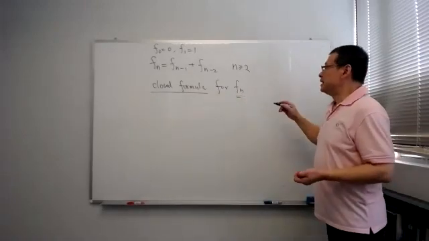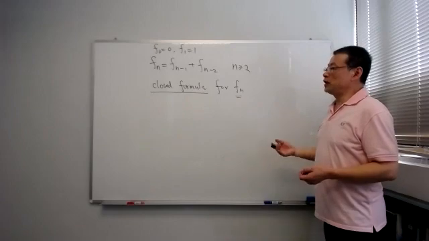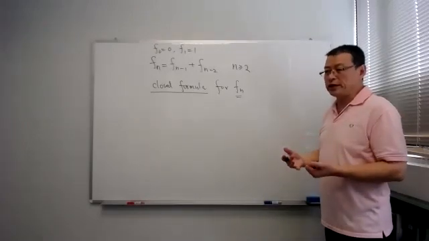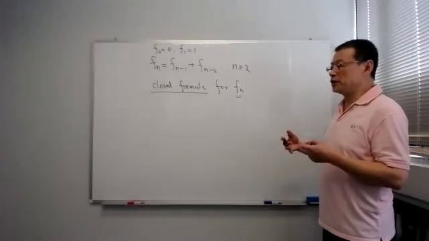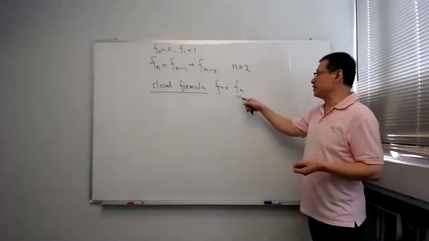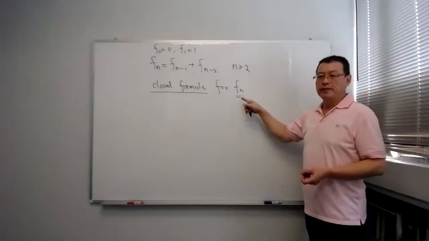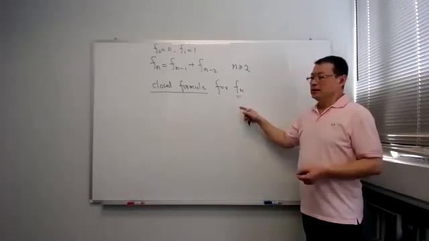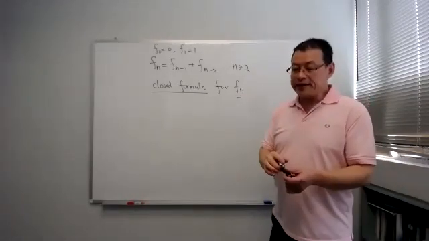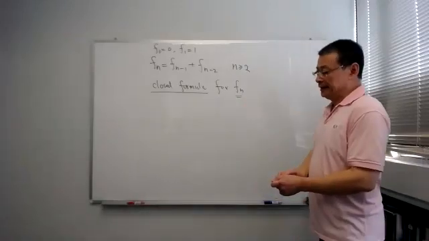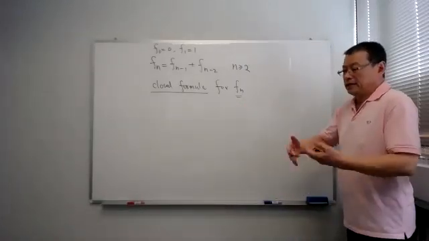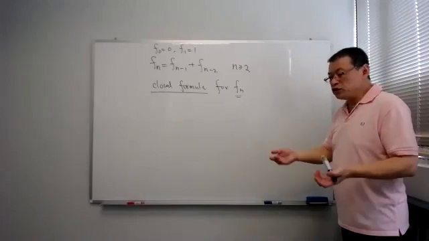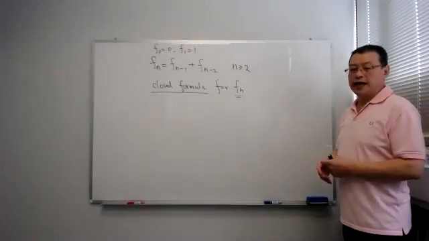That's called the solution of a recurrence relation. We want to solve a recurrence relation. What it means is we want to find a closed formula for the nth value. In general, it's not easy at all, but there are conventional ways to solve a recurrence.